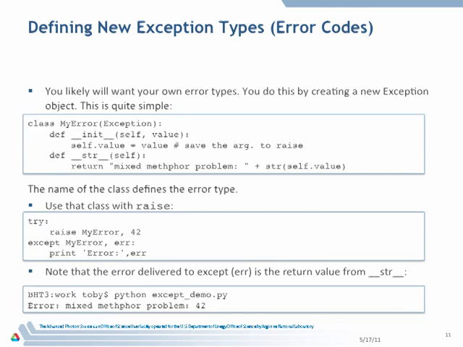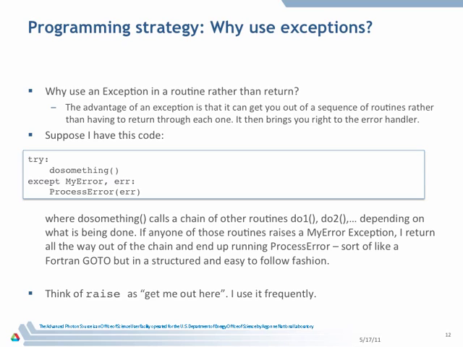Okay, so why do we want to use exceptions in a routine? Well, I talked about a little bit of this already. If you imagine that you've got a stack of routines, routine A calls routine B, calls routine C, calls routine D, but maybe sometimes D gets called directly by A, and you want to hit a condition, and then return out up through all these various levels of code, and then trigger something different.